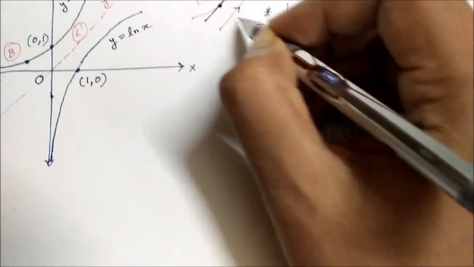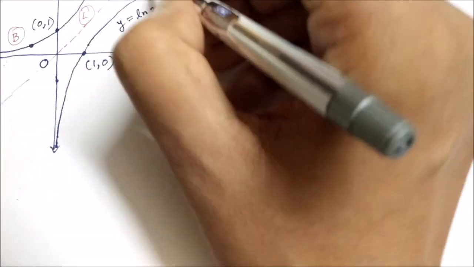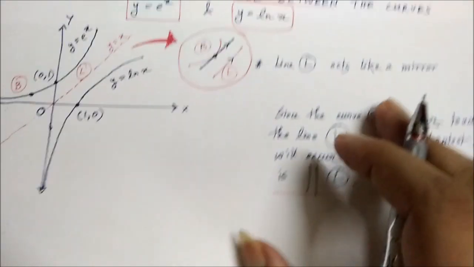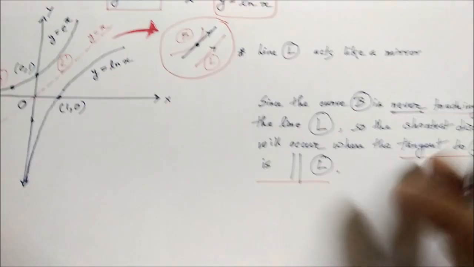So parallel lines means the slopes are equal.